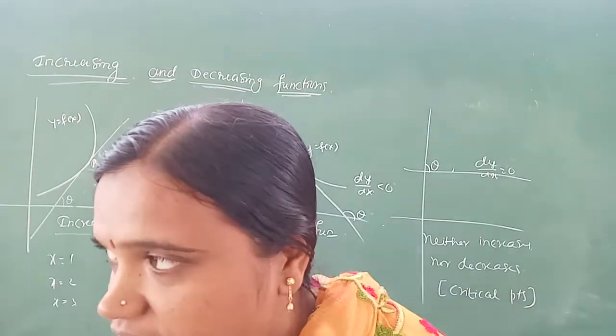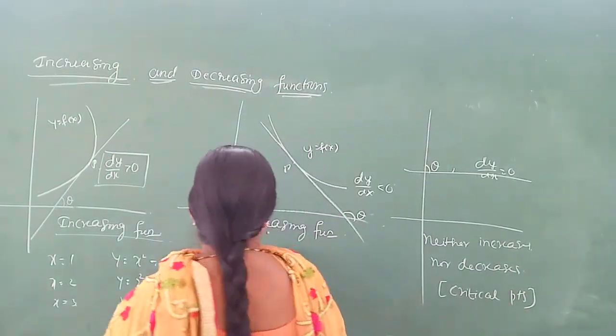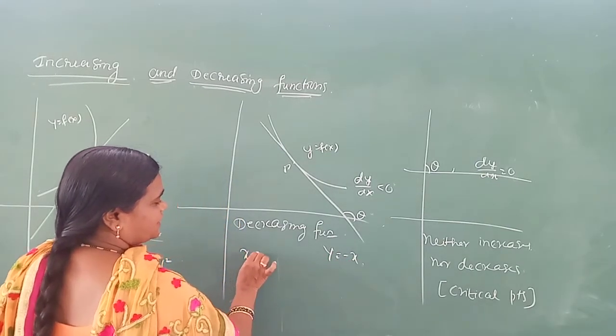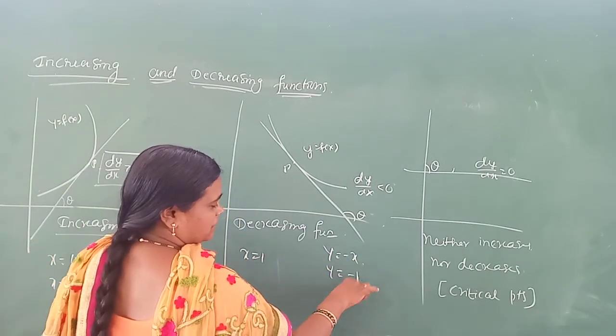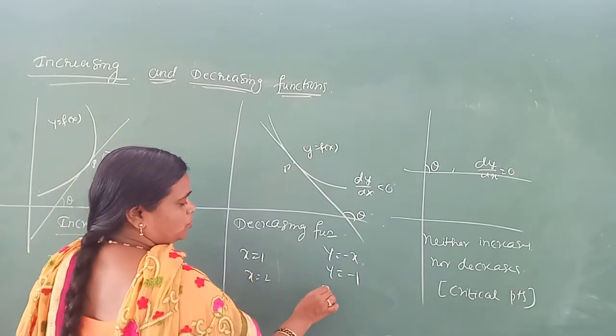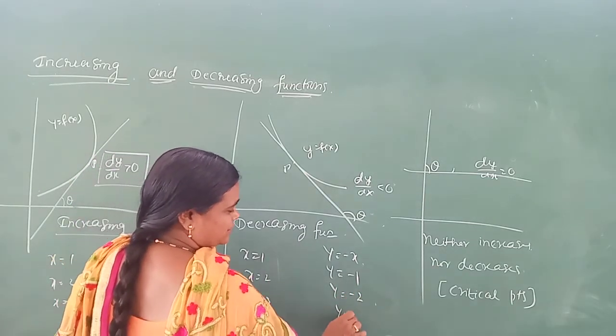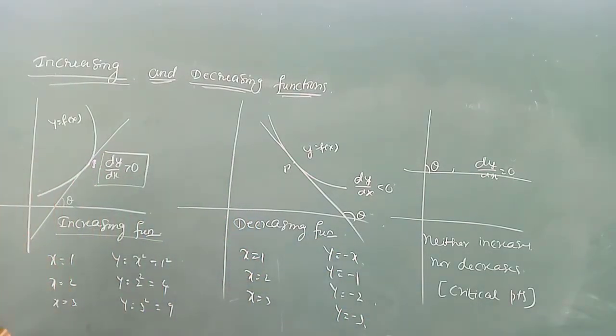Next, I will take another one. y equal to minus x. If I take x as 1, y is minus 1. If x is 2, y is minus 2. If x is 3, y is minus 3.